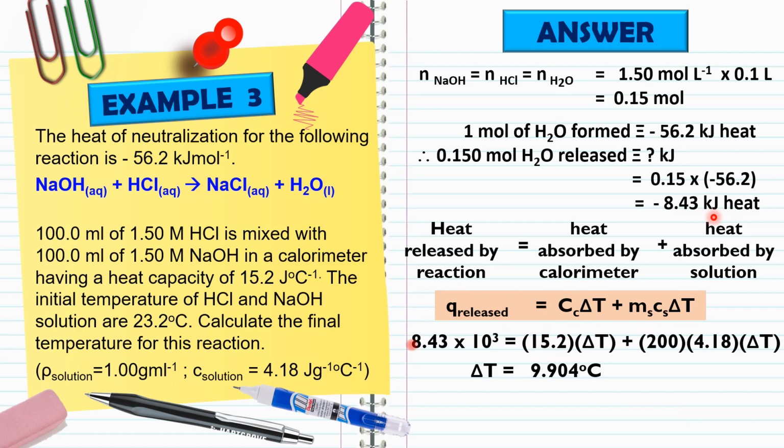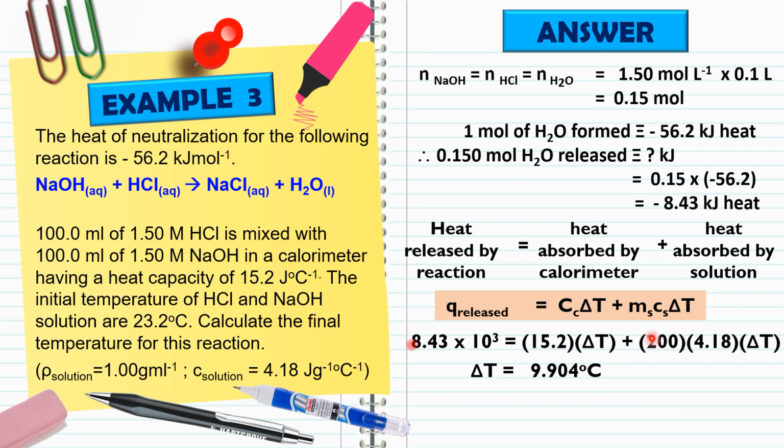Now substitute. Remember you have to convert the unit from kilojoule into joule. Just substitute the value only without the sign. The sign here is to show heat release. So why should Q be in joule? This is because the unit of heat capacity is in joule, and the unit of specific heat capacity of solution is also in joule. Then substitute all the values.